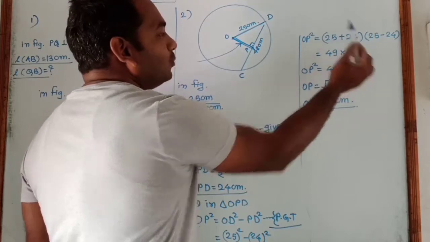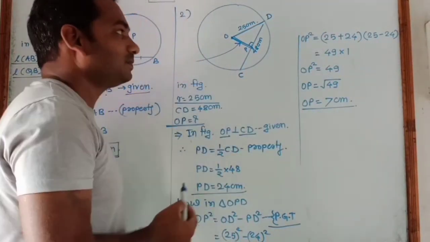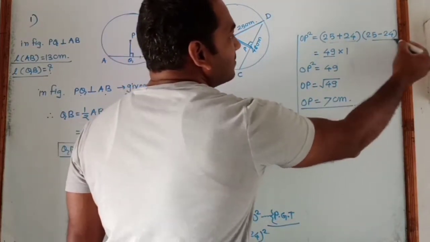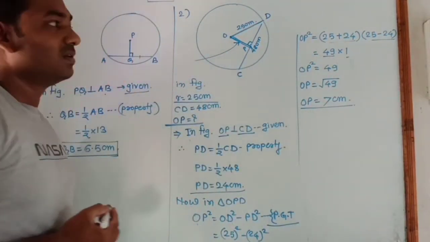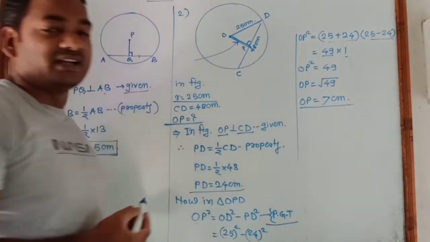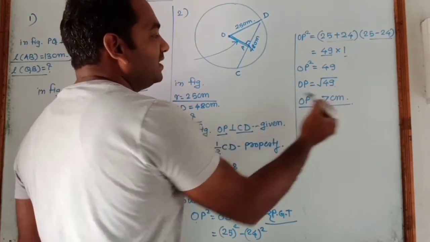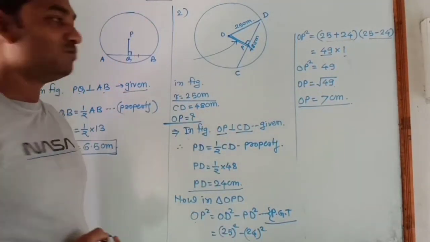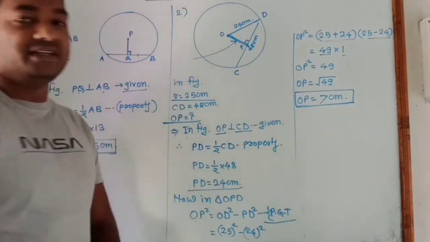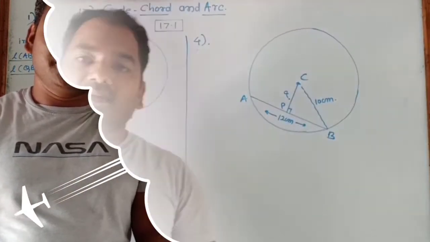That means 25 plus 24 and 25 minus 24. So this addition is 49 and this subtraction is 1. So 49 into 1, that is 49. OP square is equal to 49. Therefore OP is equal to square root of 49 and OP is 7 centimeter. That means the distance of chord CD from the center of circle is 7 centimeter.